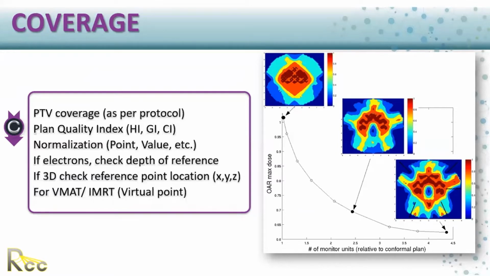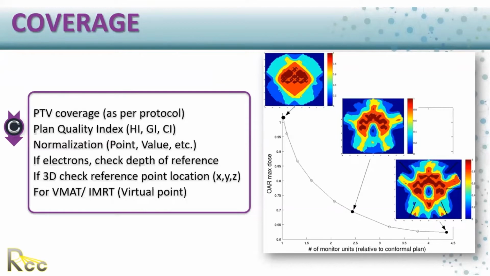Alternatively, 95% coverage of the PTV may not be met, but there may be a compromise between PTV coverage and organ at risk constraints, with an accepted sacrifice in the PTV coverage itself to avoid unacceptable toxicity to the surrounding critical organ at risk. Let's say you have a brain tumor, and then you have the spinal cord, or you have the optic chiasm, then the physician could accept under coverage for your PTV, not to cause harm to that patient, in order to meet the constraints of the organ at risk.